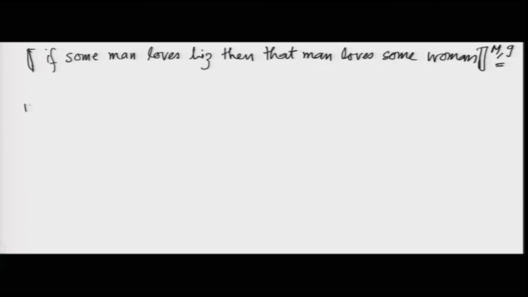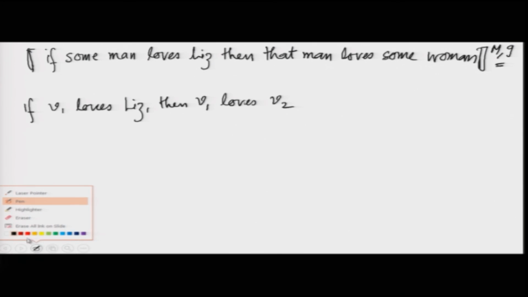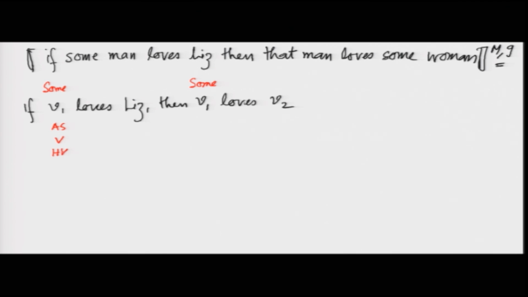We start. So our sentence now, if V1 loves Liz, now we write all the things we require, and for this it is a case of sum. We know it is a case of sum, and the individuals are AS or HK or QE or KR.